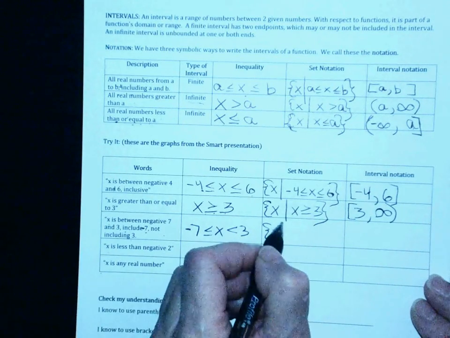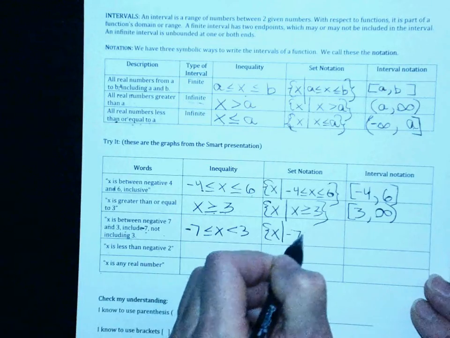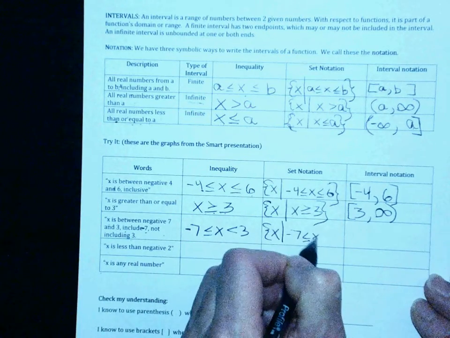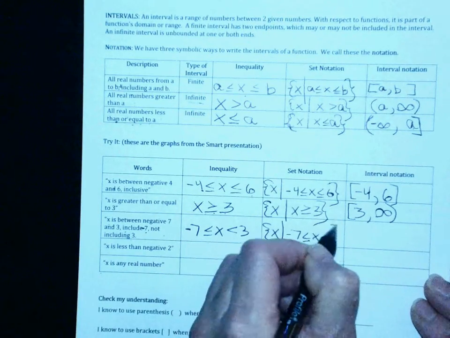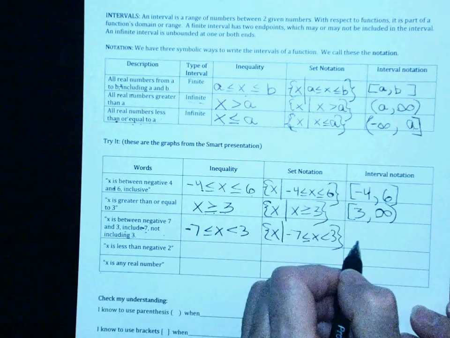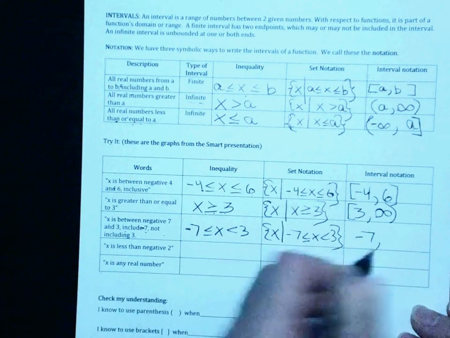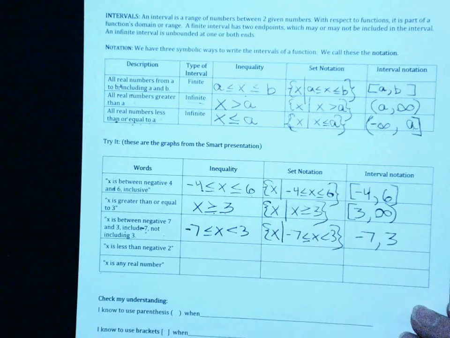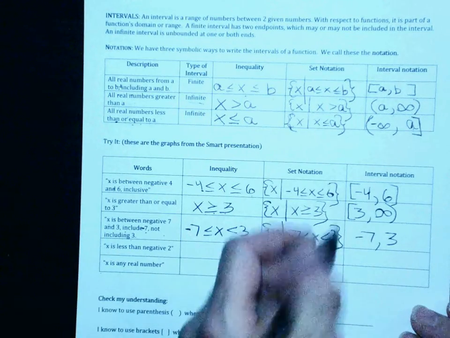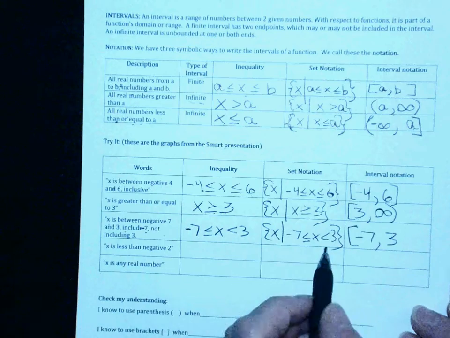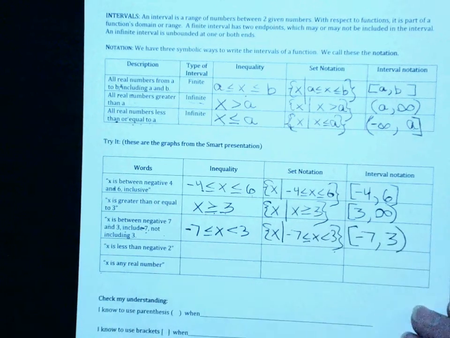Set notation, all x such that, and we're going to recopy the inequality notation. And then the last one, interval notation, starts at -7, ends at 3. It's including the -7, which is a bracket. It's not including the 3, so that gets the parenthesis.